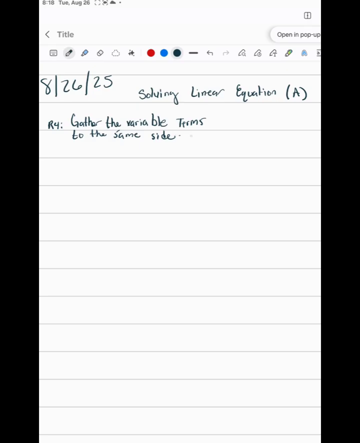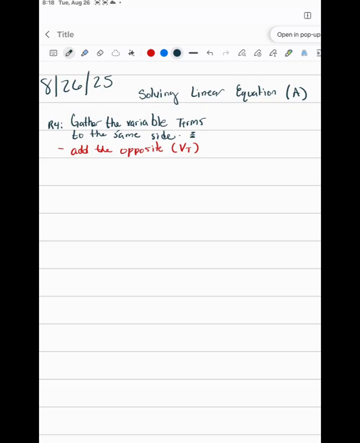Now, when I say same side, I'm talking about if you've got an equal sign, you want to get all your variable terms on the same side. That's what I mean by that. Now, the way you do that is to add the opposite.